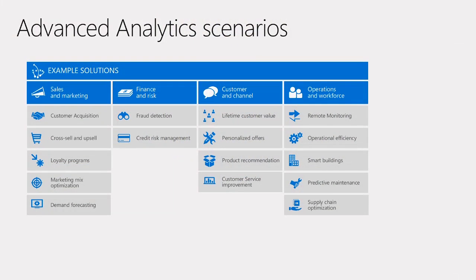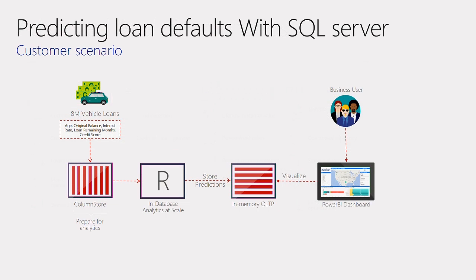If you can forecast the demand so you don't have to have sales, you'd be much better off. Finance: fraud detection, credit risk management, lifetime customer value, product recommendation. Operations and workflows: this is where you get operational efficiency, predictive models for maintenance, and so on.